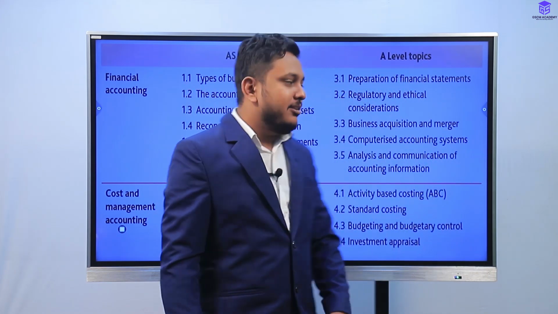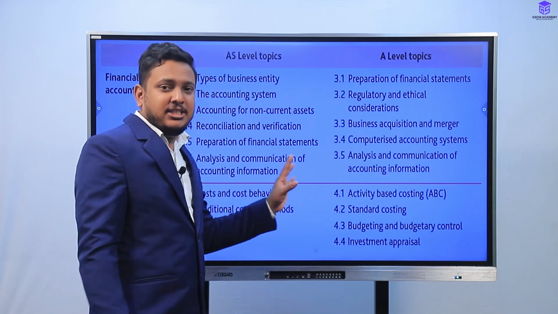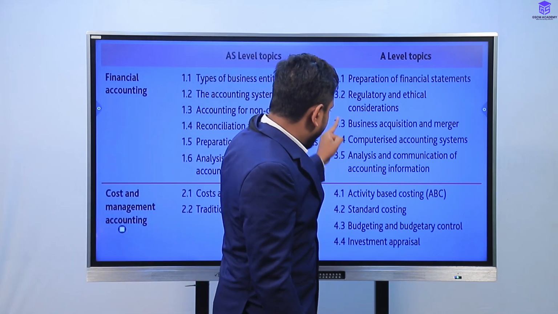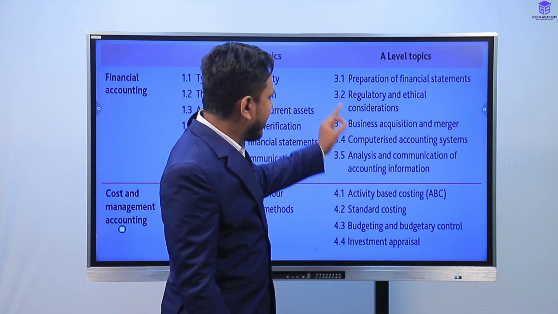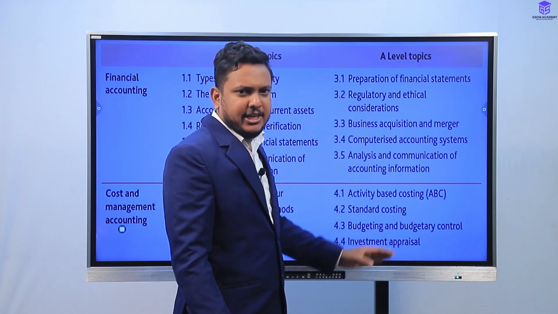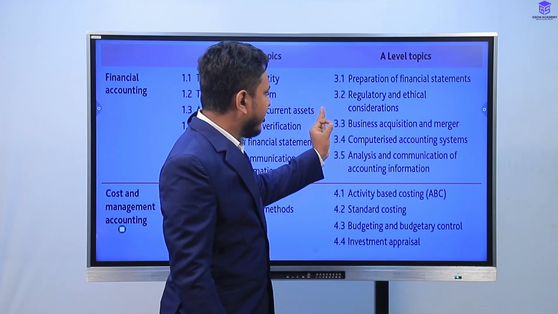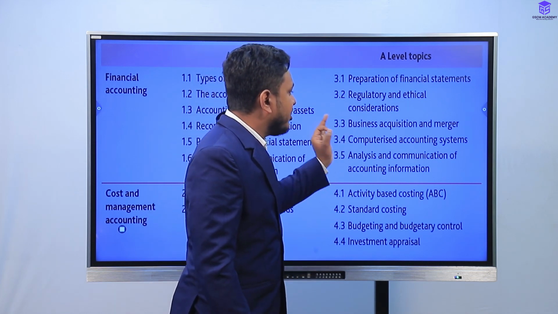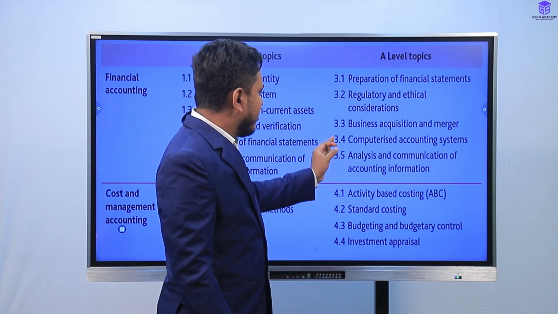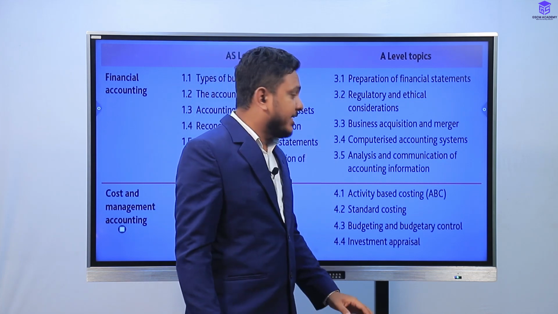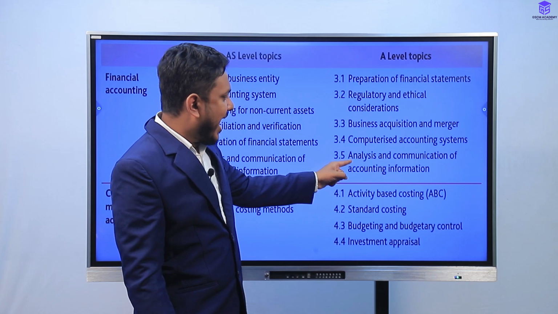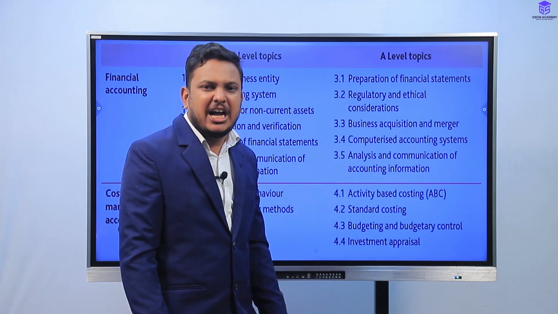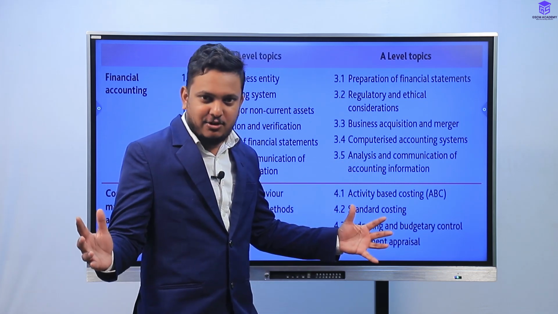When it comes to the financial accounting side, you have to cover these 5 topics, starting from preparation of financial statements, then regulatory and ethical considerations, then business acquisition and merger, then computerized accounting systems, then analysis and communication of accounting information, right?